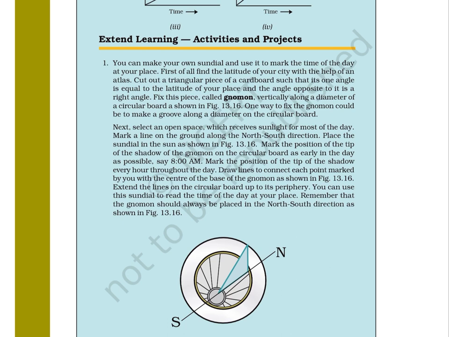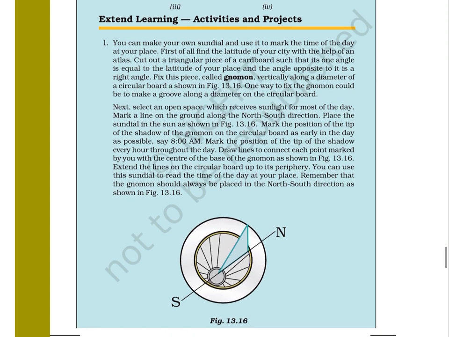Cut out a triangular piece of a cardboard such that its one angle is equal to the latitude of your place, and the angle opposite to it is a right angle. Fix this piece, called gnomon, vertically along a diameter of a circular board, as you can observe in figure 13.16.